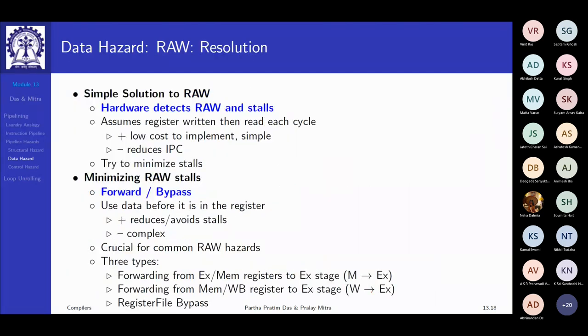So how do we solve this problem? One way could be to let hardware detect read after write. Hardware certainly can detect that because it knows what the instruction is, and what the destination and source registers being used are. So hardware can use that logic, detect that there is a RAW that has happened, and stop.